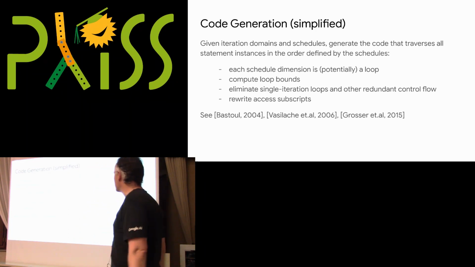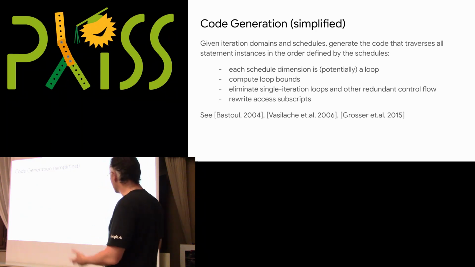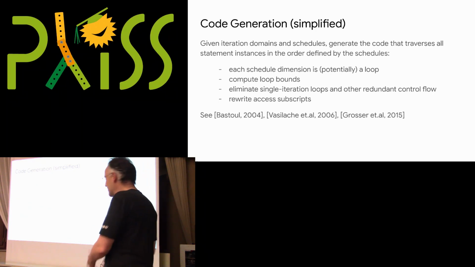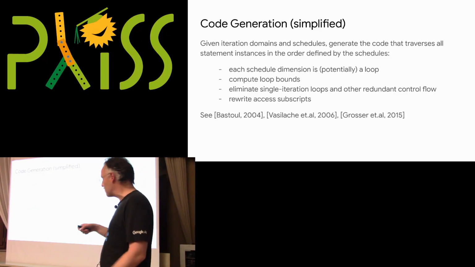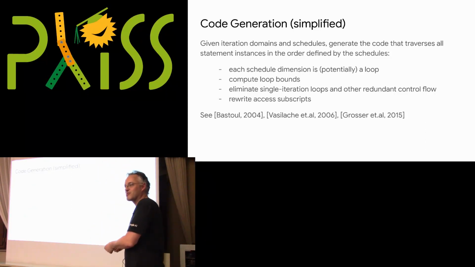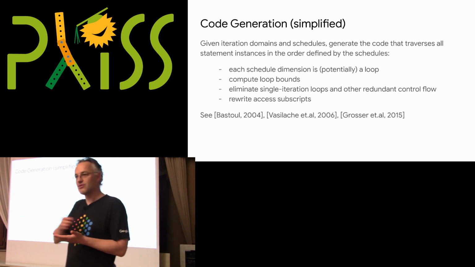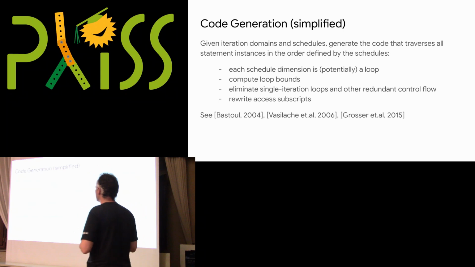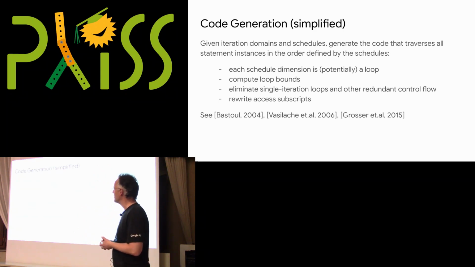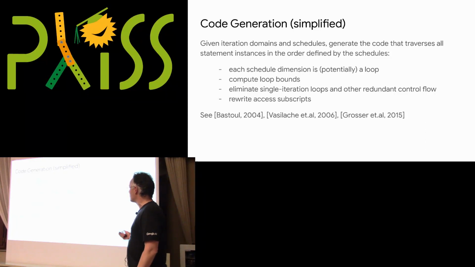The general problem is, given iteration domains and these schedules that we spent so much time defining and computing, how to generate nested loops that actually traverse the iteration domains in the prescribed order. The schedule tells you the logical dates that are ordered lexicographically. You actually have to scan those iteration domains according to these logical dates, because that was the whole point. And this is not a trivial problem.